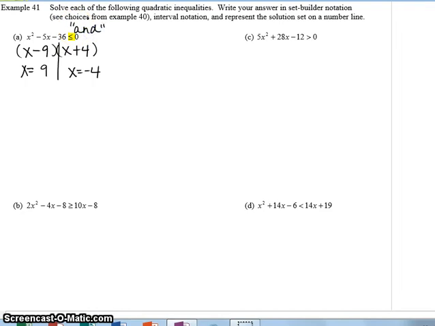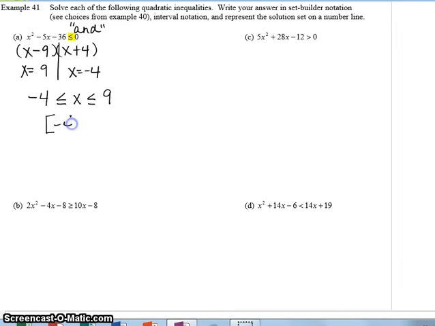Okay? So my set builder notation, lowest number goes first, x goes in the middle, my highest number goes to the right. It's always the direction of less thans when you sandwich them in between, and they're equal to just because of that sign that I highlighted in the beginning. Okay, so that's set builder notation.